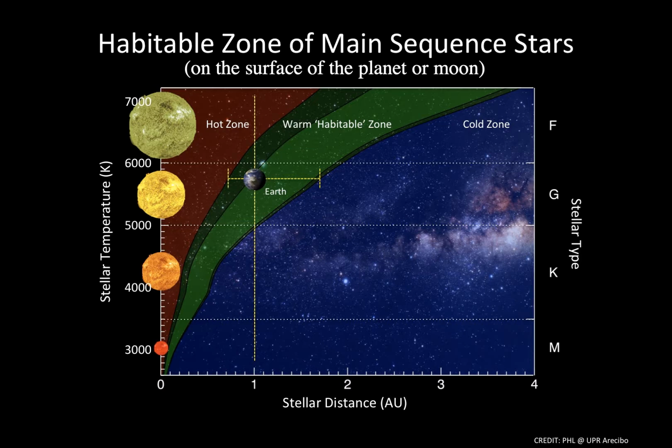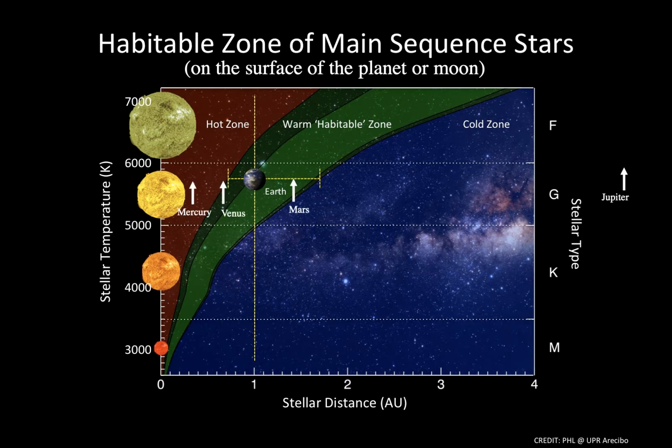And the distance that a planet is from that star, depending on whether it's hot or cold, determines whether it's in a zone that is habitable by what we know as biological organisms. So the Earth is in what some people call the Goldilocks zone. That is, it's not too hot, not too cold, it's just right.